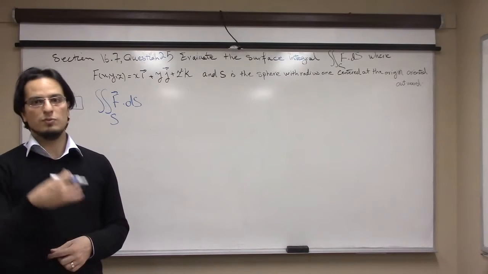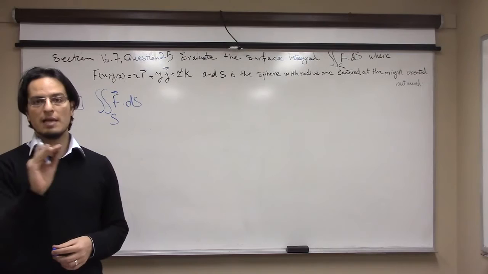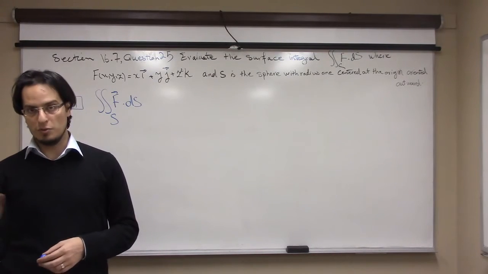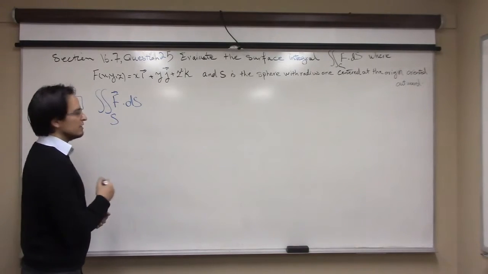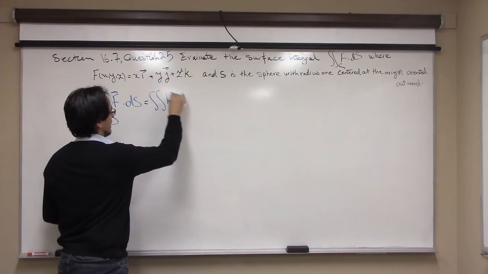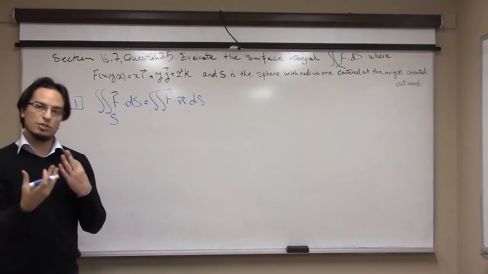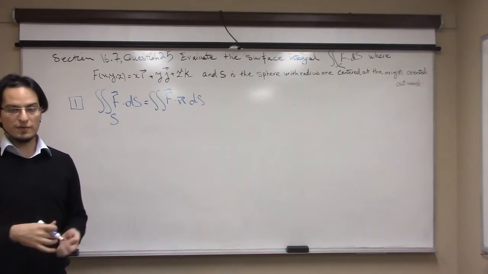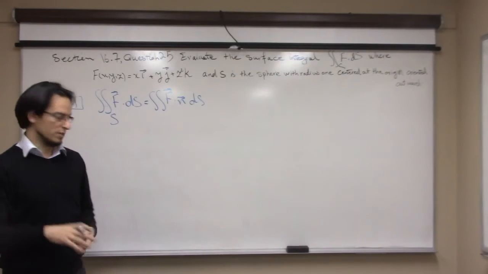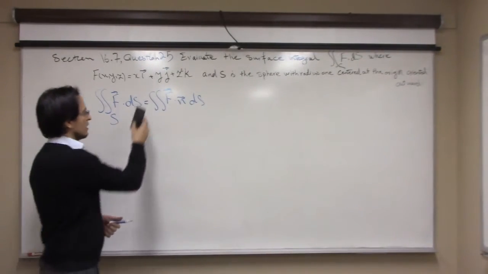Orientation is a vector which is perpendicular at each point to the surface, and it changes continuously and it is unit. If you have that, then your integral is going to be the integral of F dot n. You find F dot n, it is going to be a function over your surface, and then integrate over the whole surface. But it's not practical for us.